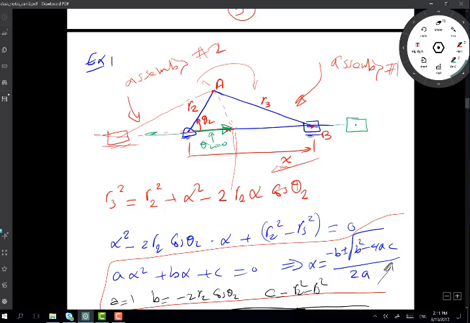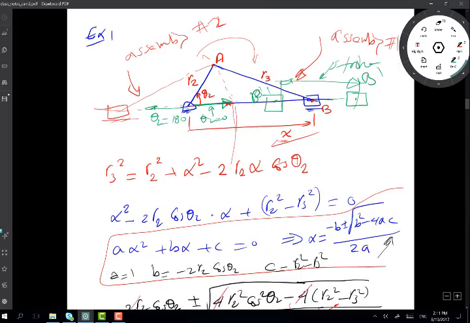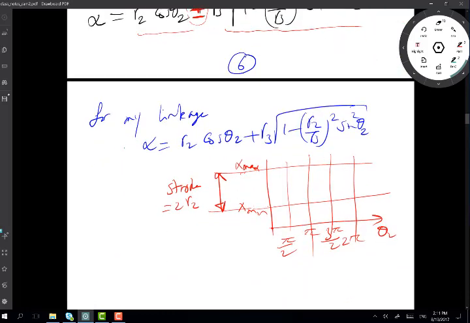If theta 2 on the other side is equal to 180, you'll find that B will be over here, 2 prime if you like. And the distance between them will be the stroke. You'll see the stroke, the distance between the two extreme positions, or two stationary positions, would be equal to twice the crank, if you like, which is like the throw of that slider or the crank.